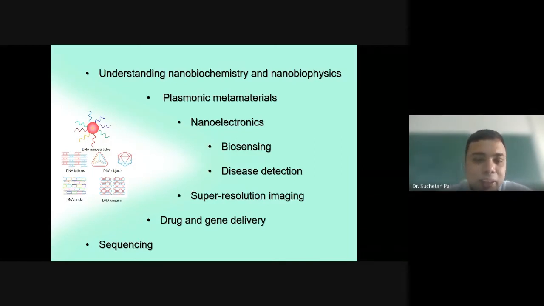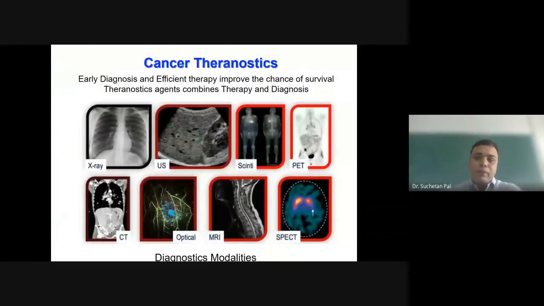All these things are coming up, and many labs all over the world are working on this. In our lab, we are specifically interested in disease detection as well as drug and gene delivery for cancer, so we are making platforms for cancer theranostics.